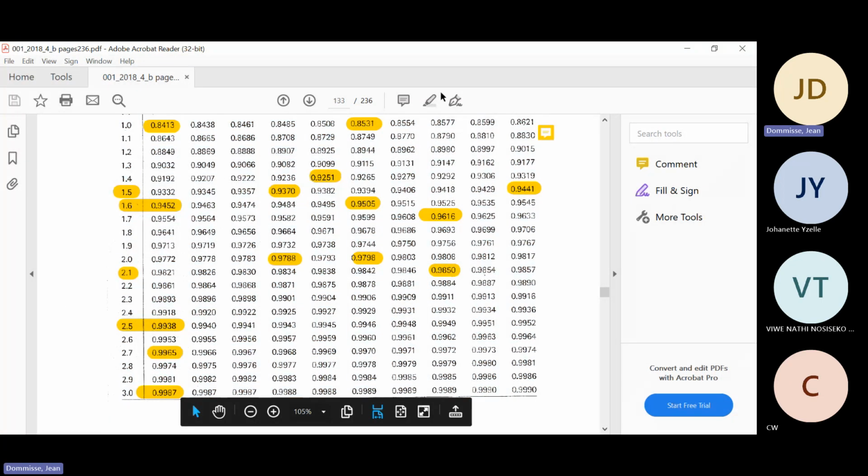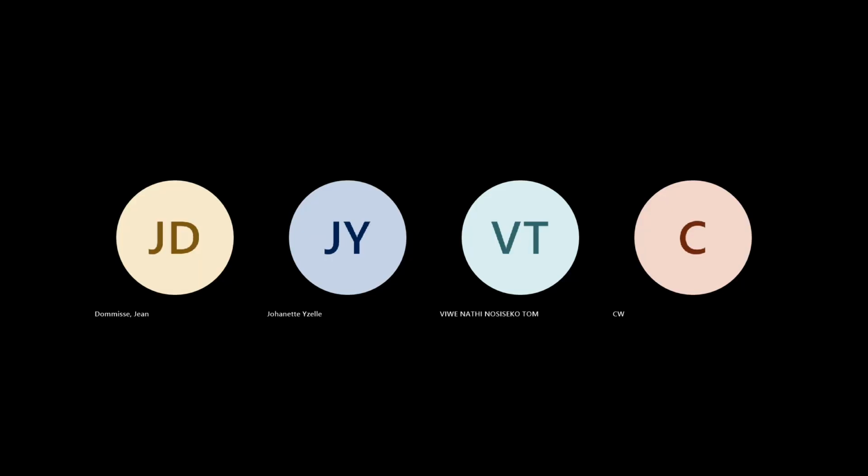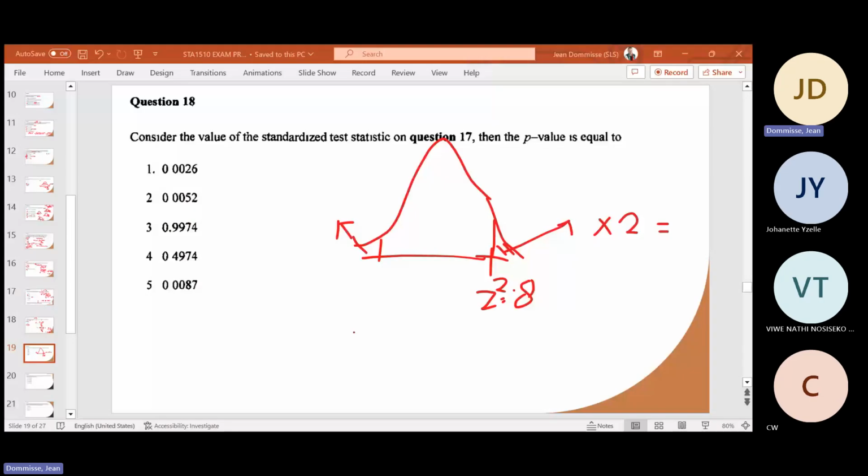So let's, and it was on the dot 2.8. So 0.9974. See where it is, which is not what we're looking for. So this must be 1 minus that.